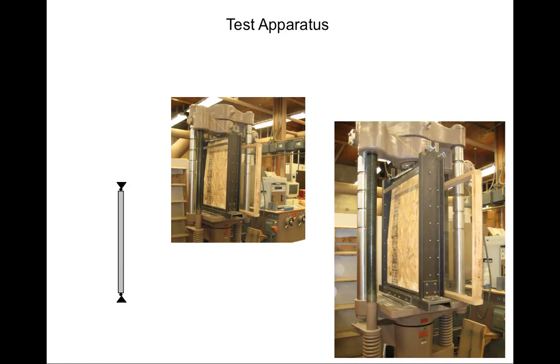So along those lines, we set up and tested a bunch of short columns or short panels and looked at how well these panels could do. So we ended up putting these in a test machine. We built this particular jig.